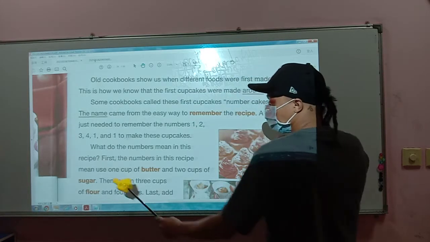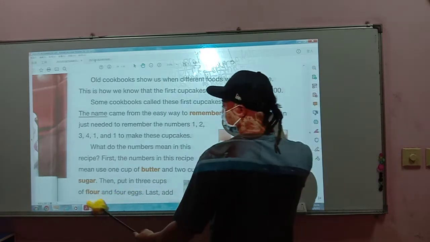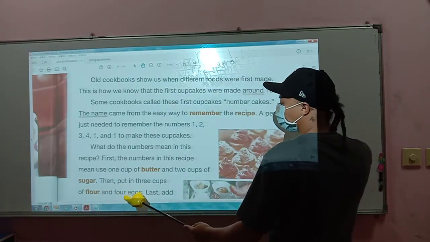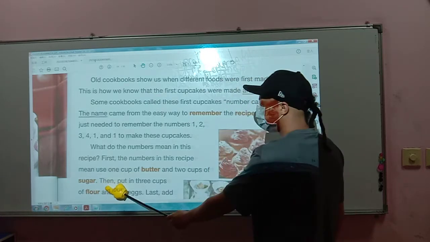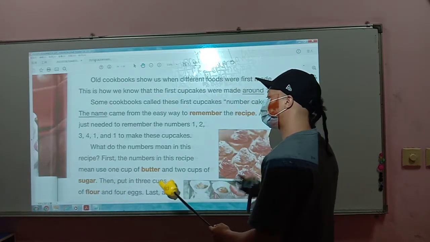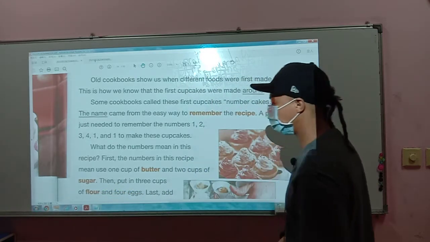Then put in 3 cups of flour and 4 eggs. So, then put in 3 cups of flour and 4 eggs.